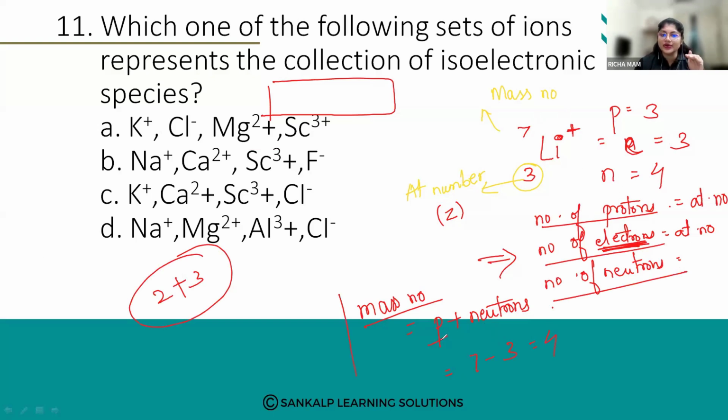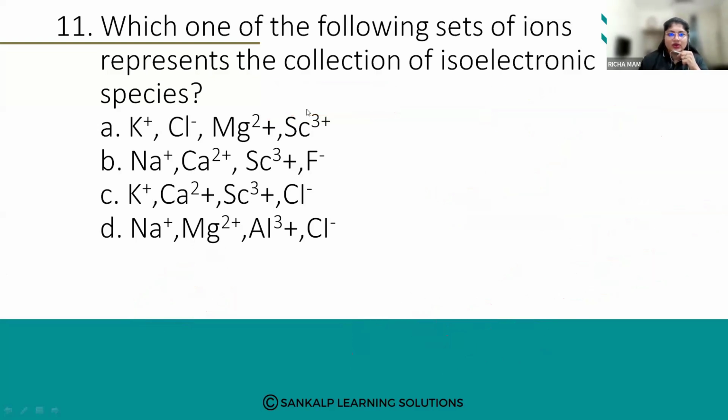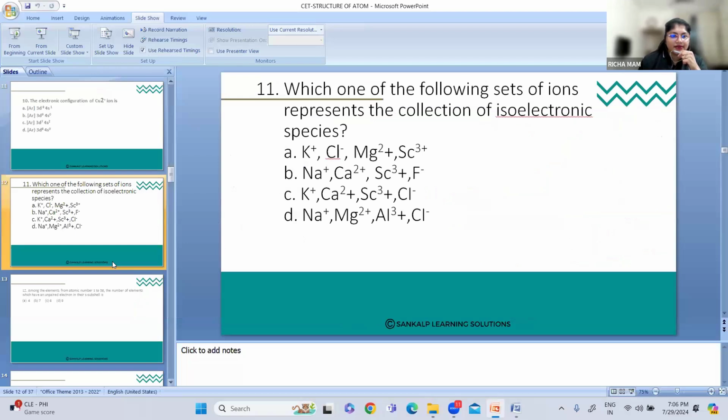For neutrons, remember the formula: mass number equals protons plus neutrons, so you subtract mass number minus protons to get the neutrons. This is very important, and this question is asked in theory also. So I just thought of telling you. Let us go back.